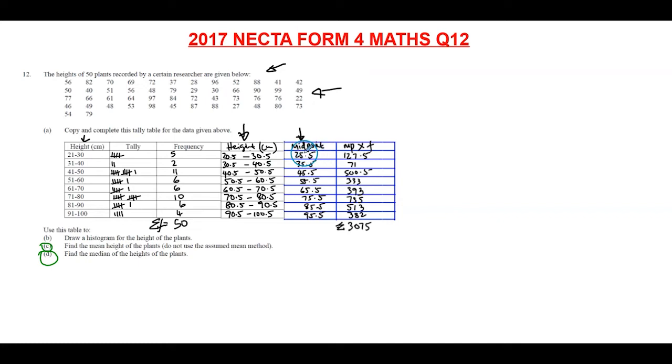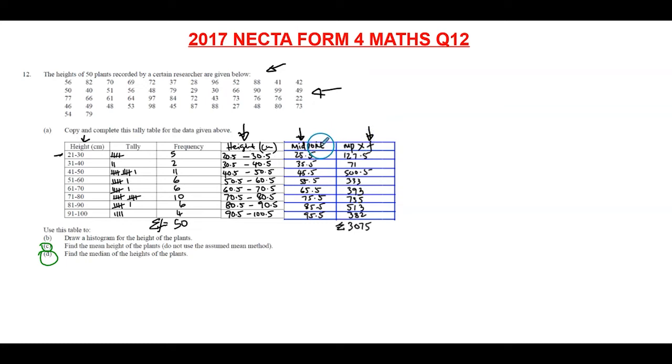So now I'm assuming everything in this class, all the plants have a height of 25.5. And then altogether, their height is 25.5 times 5, which is 127.5 centimeters.